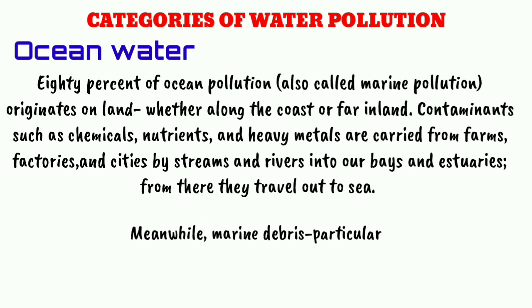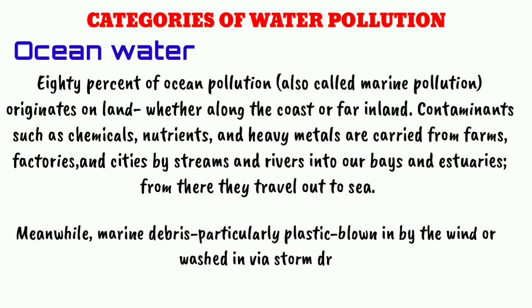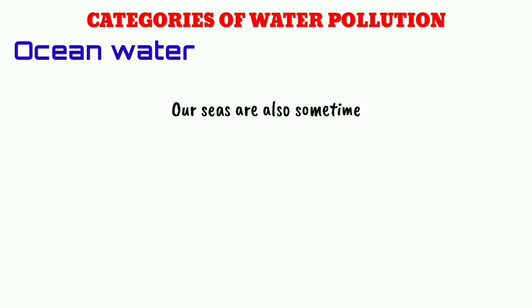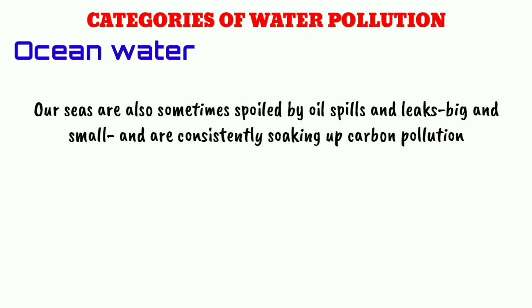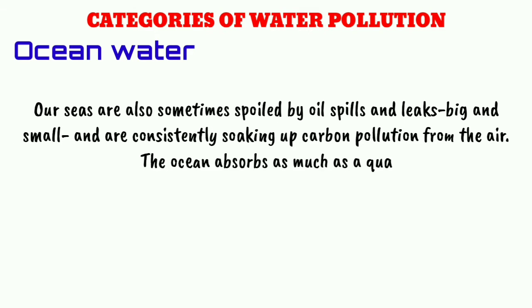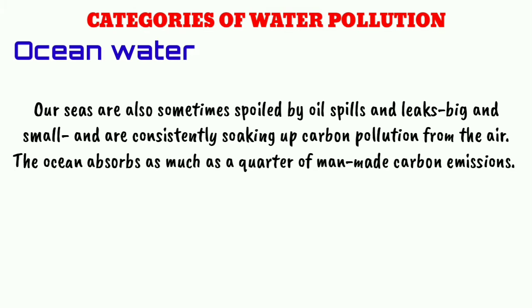Meanwhile, marine debris, particularly plastic, is blown in by the wind or washed in via storm drains and sewers. Our seas are also sometimes spoiled by oil spills and leaks, big and small, and are consistently soaking up carbon pollution from the air. The ocean absorbs as much as a quarter of man-made carbon emissions.